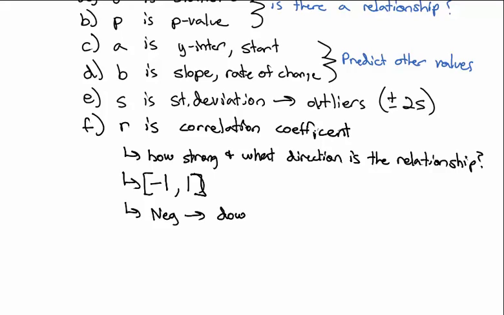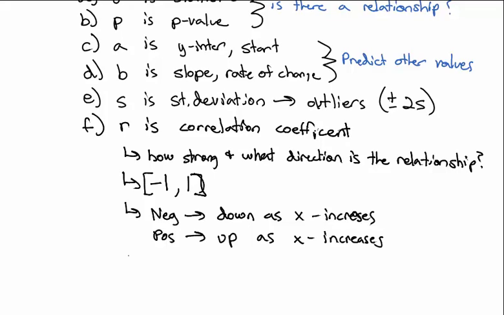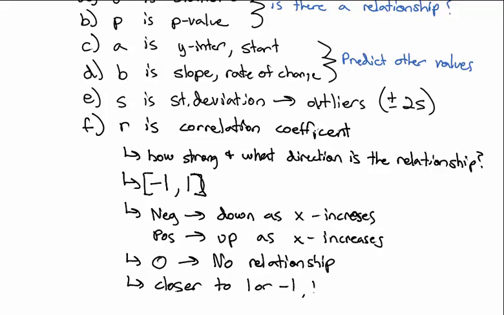It's going down as x increases. Positive means the value of y is going up as x increases. Zero, or the closer we are to 0, means there is no relationship. And the closer r is to 1 or -1, the stronger the relationship is.